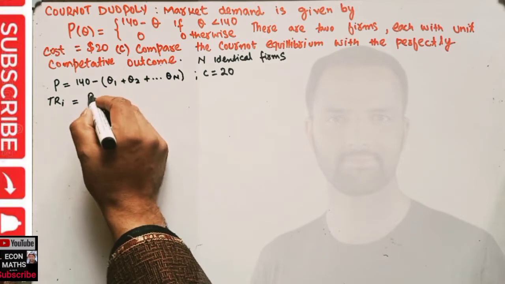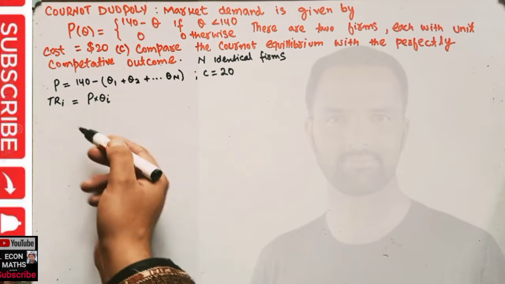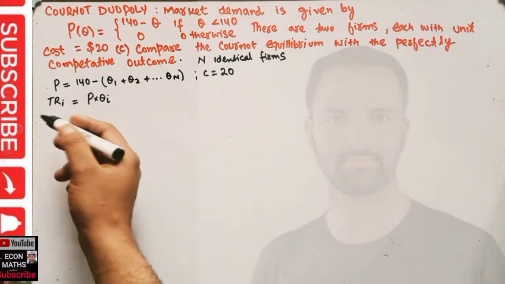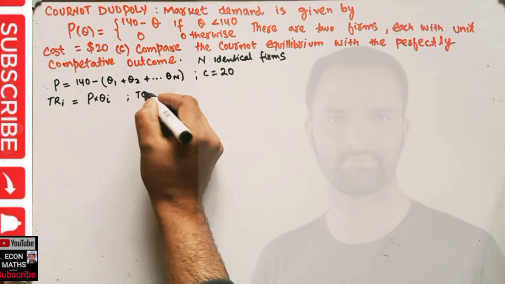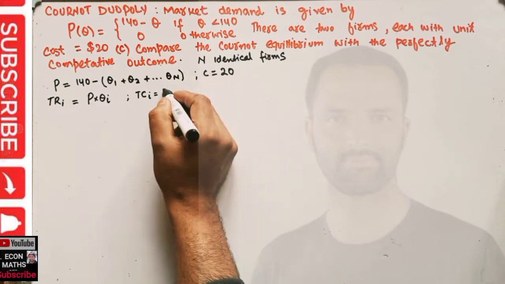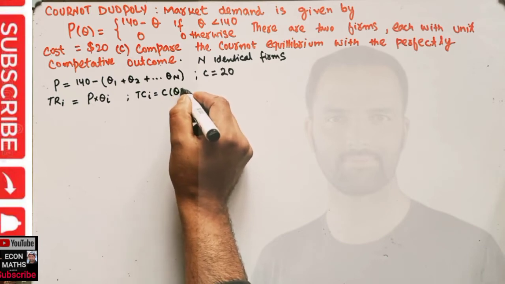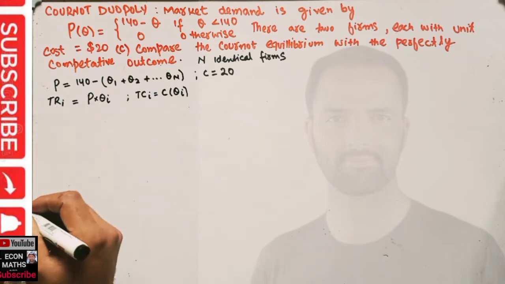It is simply price into quantity produced by the ith firm. Price into quantity gives us the total revenue. What will be the total cost? Total cost for the ith firm is simply the marginal cost, that is C, into the quantity produced by the ith firm. This is total cost, this is total revenue.